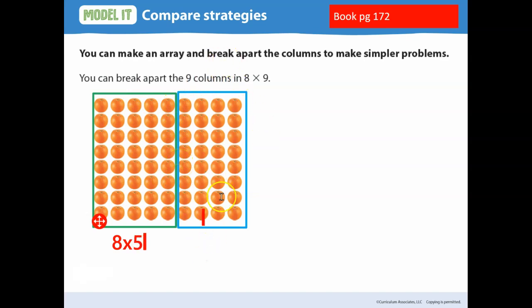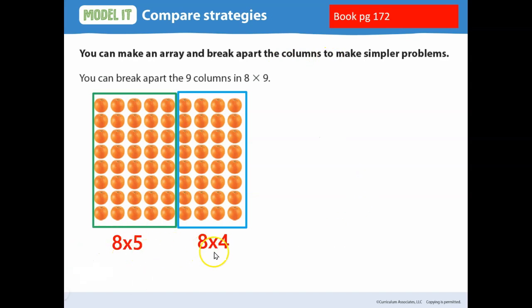What's the multiplication fact for this one? I still have how many rows? 1, 2, 3, 4, 5, 6, 7, 8. I still have 8 rows. But then how many in each row? 4. It says you can make an array and break apart the columns to make a simpler problem.